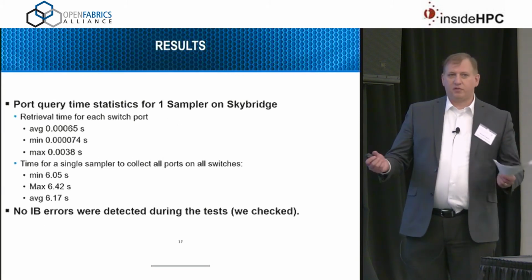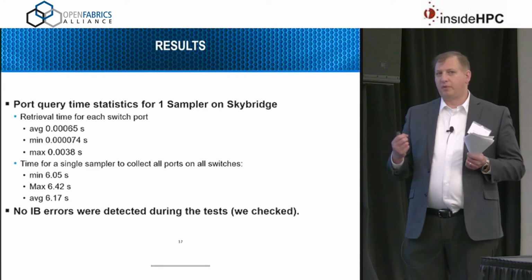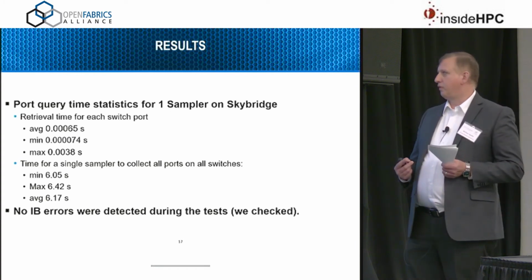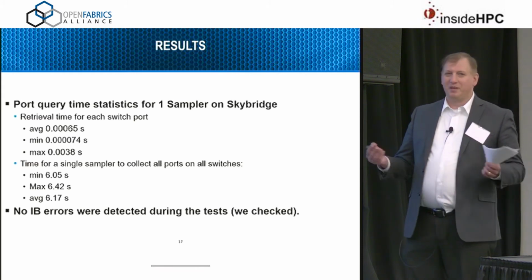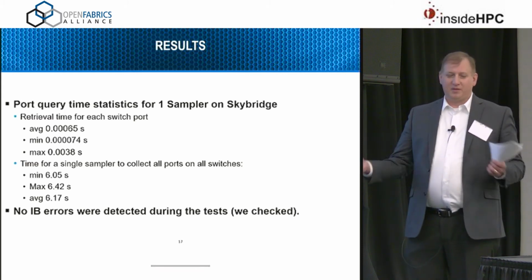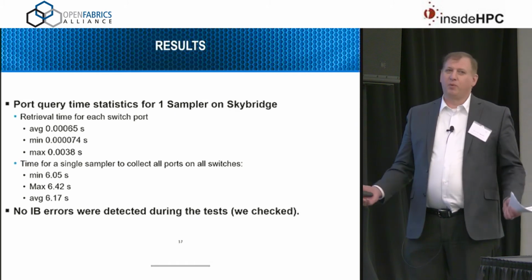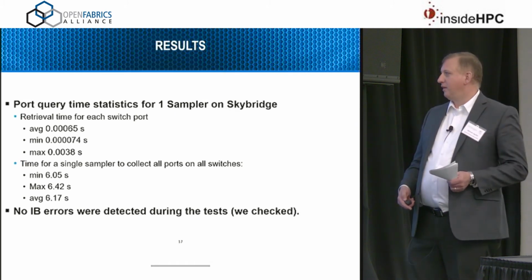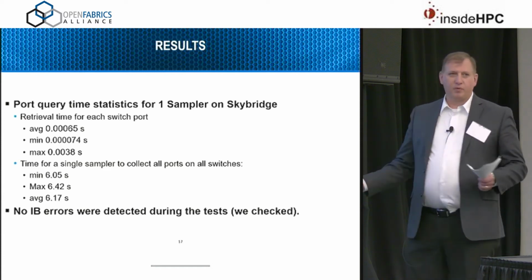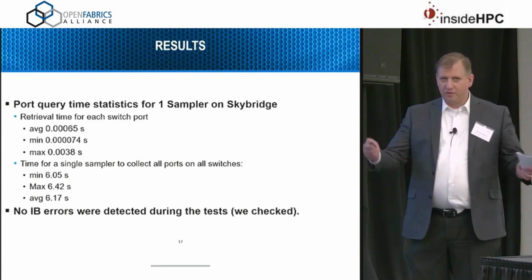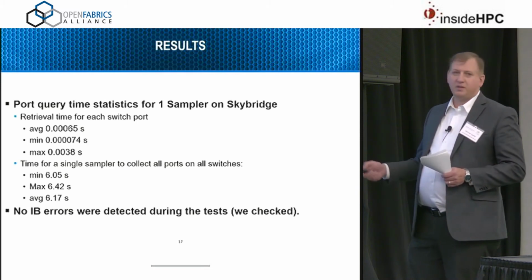Now, on the extreme, let's say we had one sampler sampling 6,000 switch ports. We did try that. It took 6 seconds, but even so, that's still a 10-second sampling time, and that's still way better than 3 minutes. We also were checking to see if we were affecting the network with all those queries, and we did not detect anything.